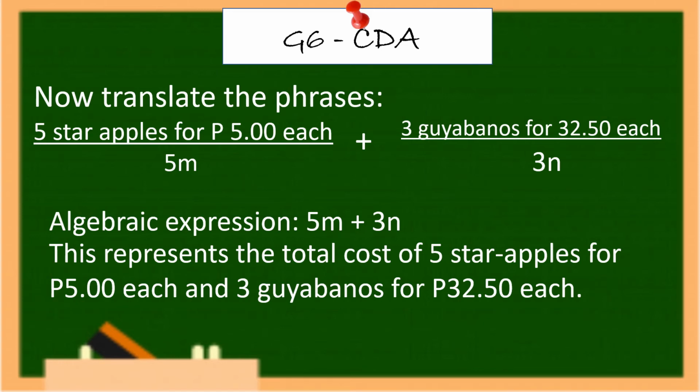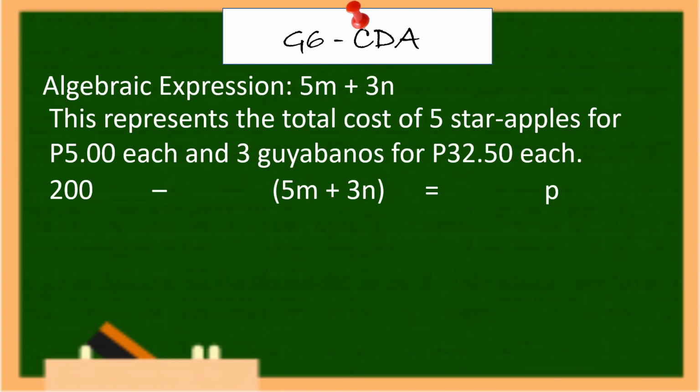This represents the total cost of 5 star apples for 5 pesos each and 3 guyabanos for 32 pesos and 50 centavos each.